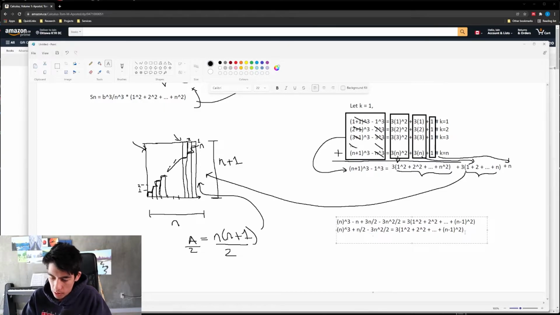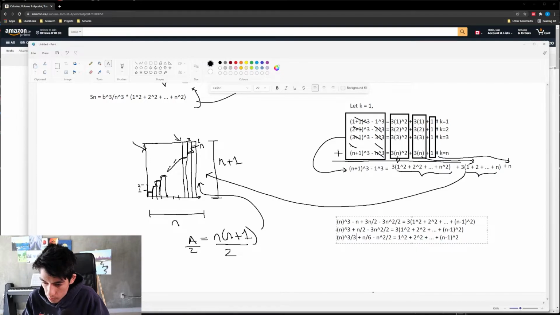Okay, now let's simplify. We will divide by the factor of 3. So 3n squared over 2 divided by 3 is just the same thing without 3. N over 2 divided by 3 is n over 6. And then n cubed over 3 is that.